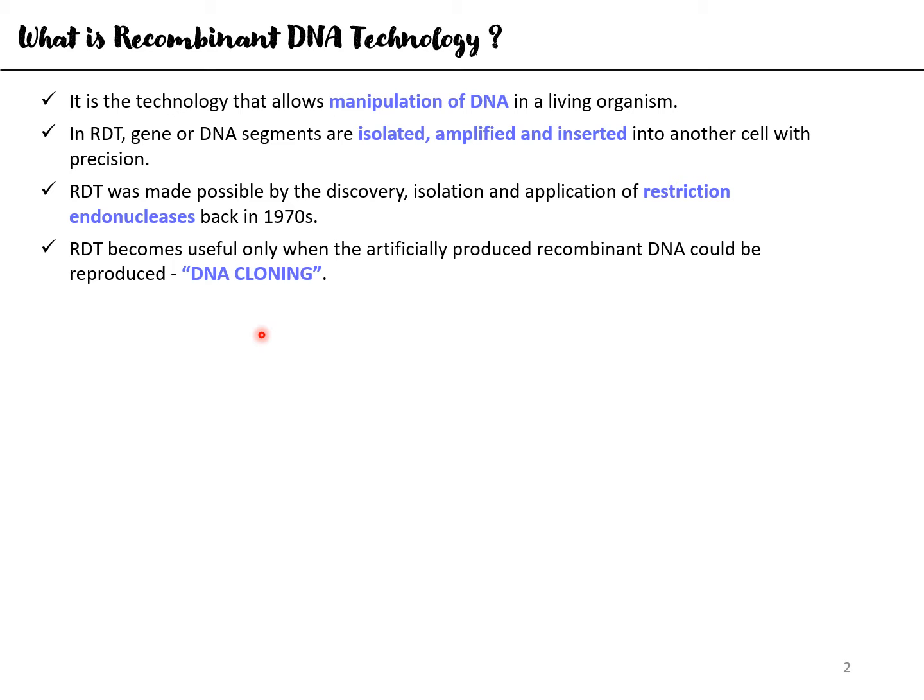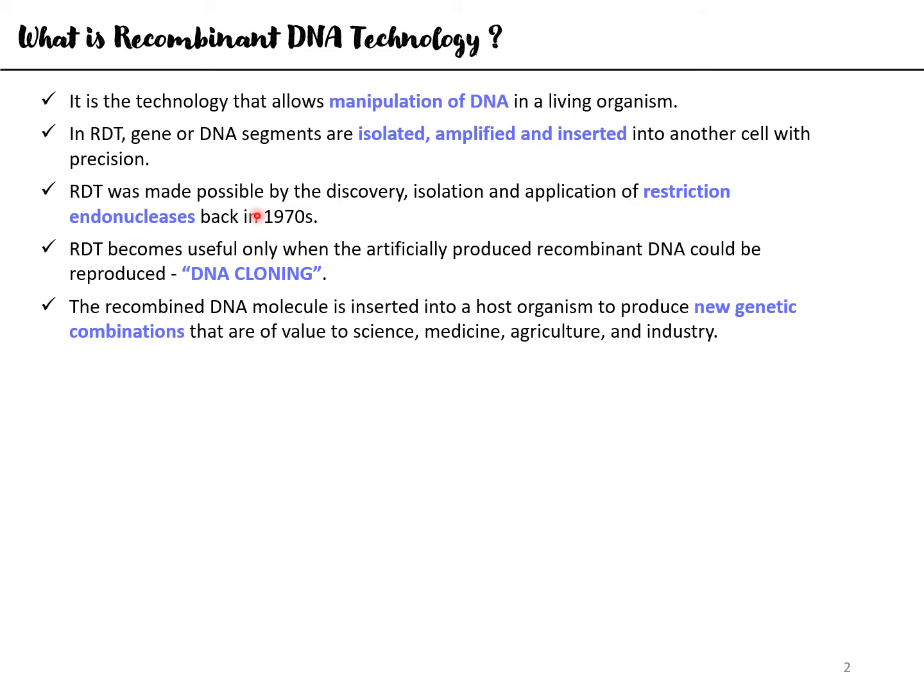So DNA cloning also is very, very important. Now, the recombinant DNA molecule is inserted into a host organism to produce new genetic combinations, and these new genetic combinations are of value to science, medicine, agriculture, and even industry.